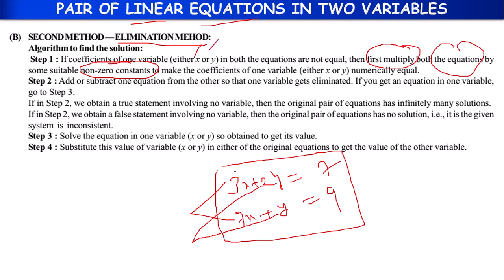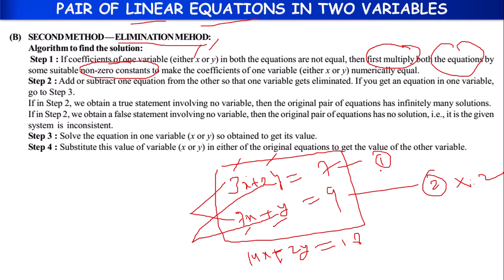Here we have 3x, 2y. Here we have 7x and only y. So this second equation can be multiplied by 2, so that it becomes 14x plus 2y equal to 2 into 9, 18. There is no change in the first equation, but the second equation we are multiplying by 2, so we get a resulting equation, let's name it as 3.